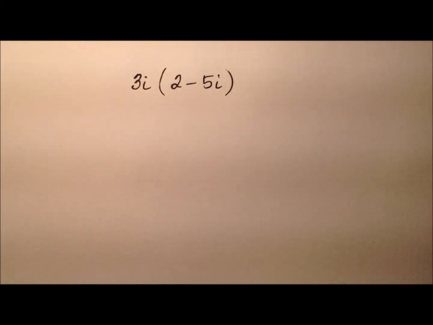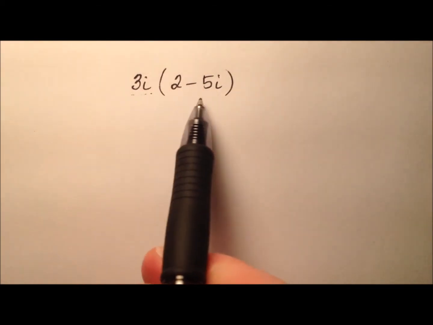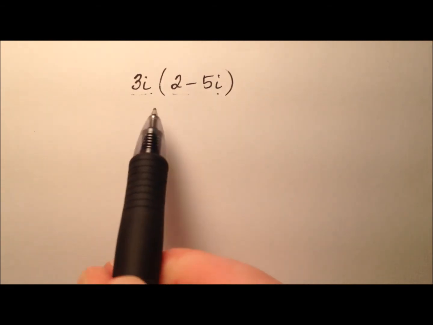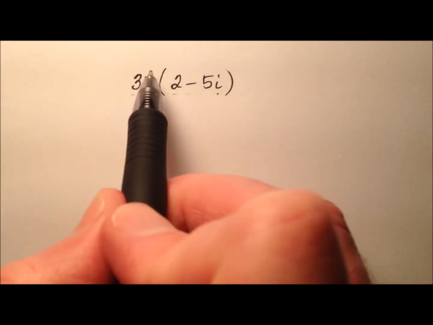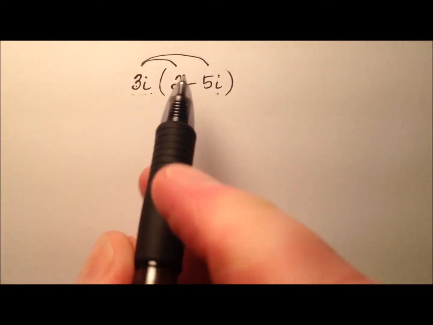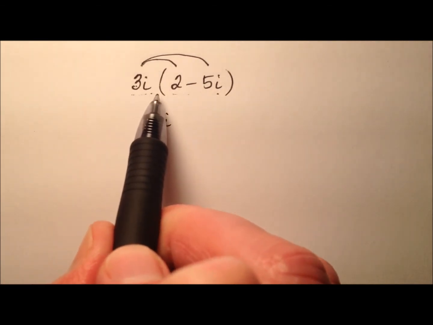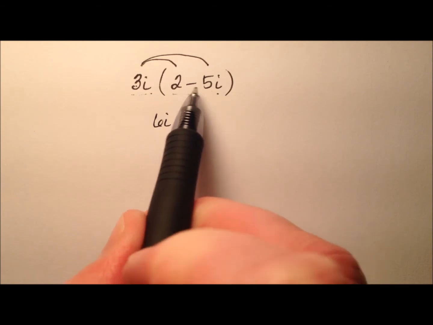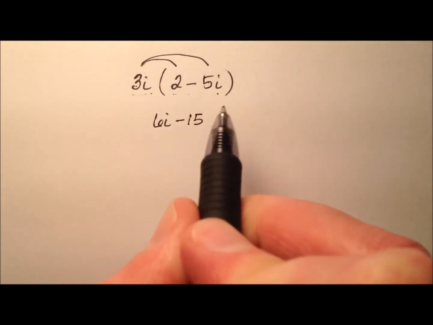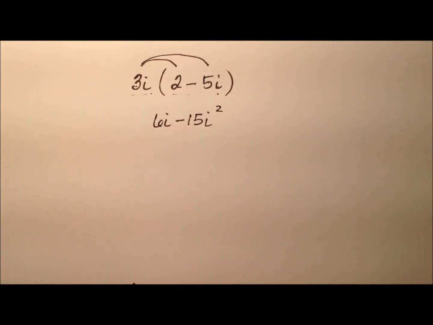In this second multiplication example, I'm going to multiply a pure imaginary number by a complex number, a plus bi. All right, so this looks a lot like our distributive property, so let me go ahead and distribute. So 3i times 2 is 6i, and 3i times a negative 5i, well, we'll do the 3 times a negative 5 first and get negative 15, and i times i is i squared.